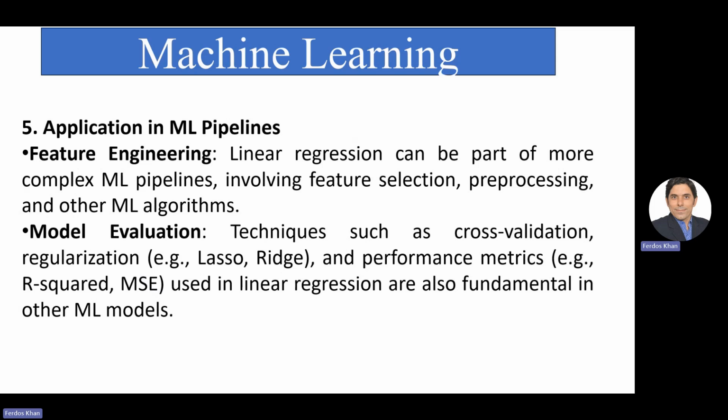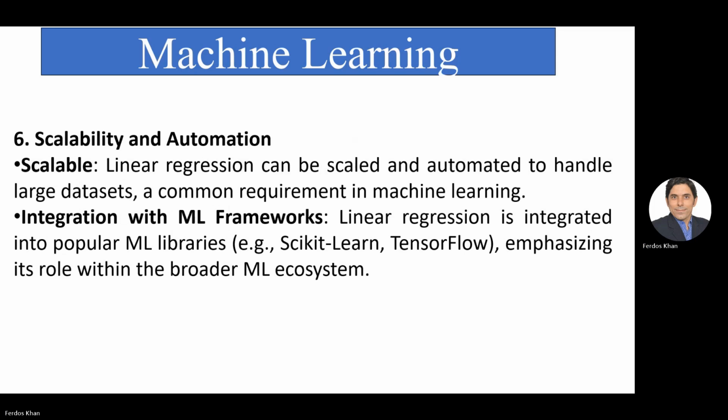So these techniques, which we use for cross-validation or performance metrics to check the performance of the model, are also fundamental in machine learning. Yes, of course, this is also a match.